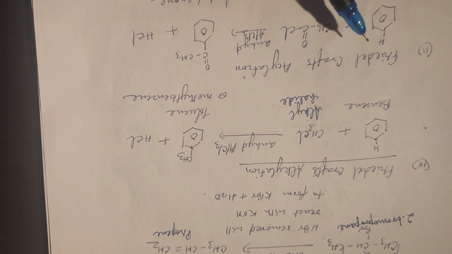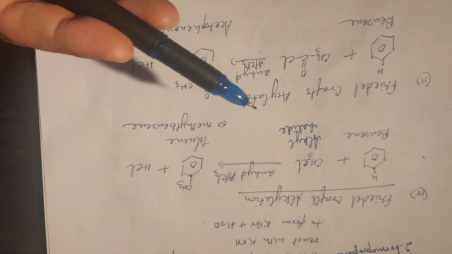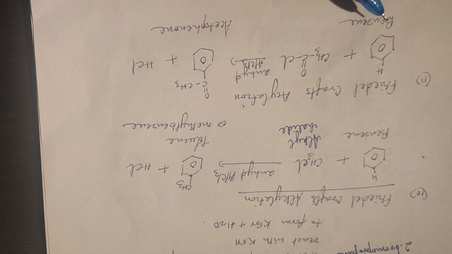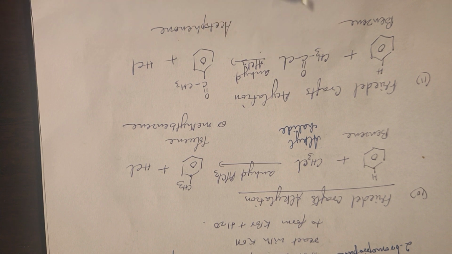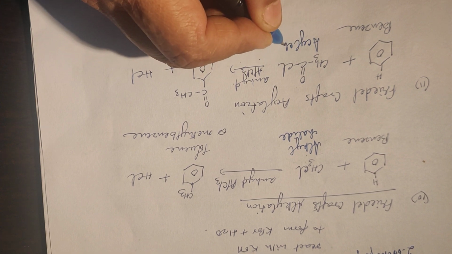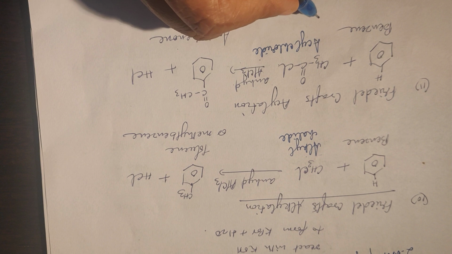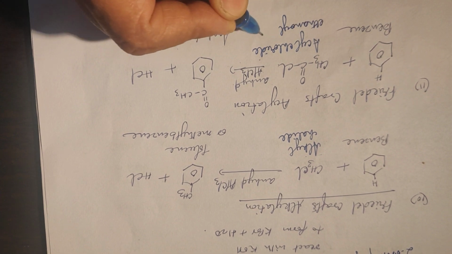Then the next one is Friedel-Crafts acylation. Now here an acyl group is attached to the benzene ring. For that you start with benzene and treat it with acyl chloride, more specifically ethanoyl chloride.